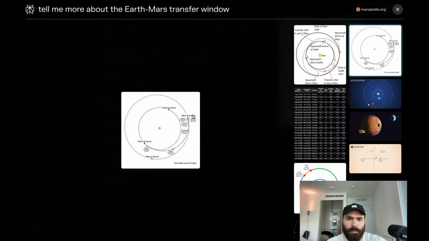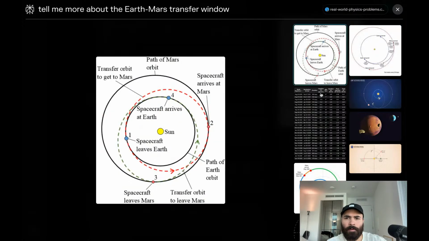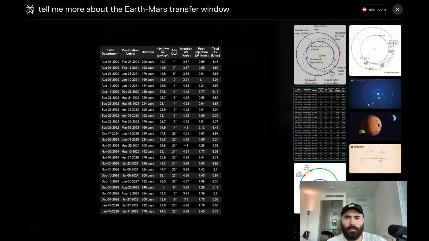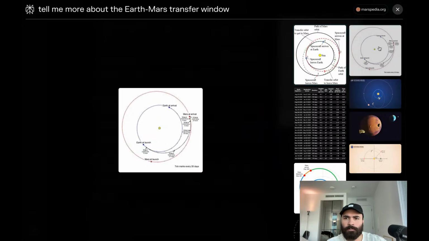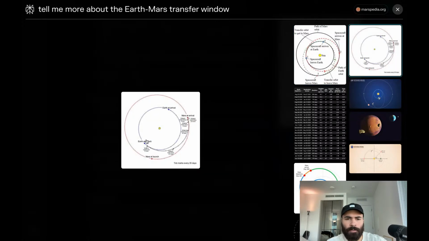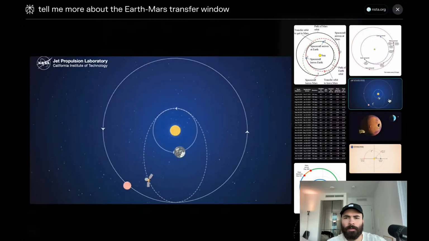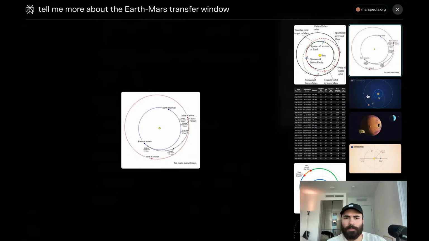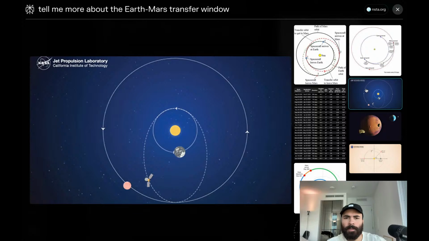Launch at Earth, Mars at arrival. And Mars at launch would be here. You'd start almost over here, and then you will get over here. Perfect. That's interesting.